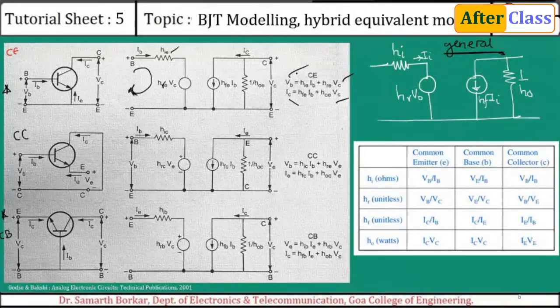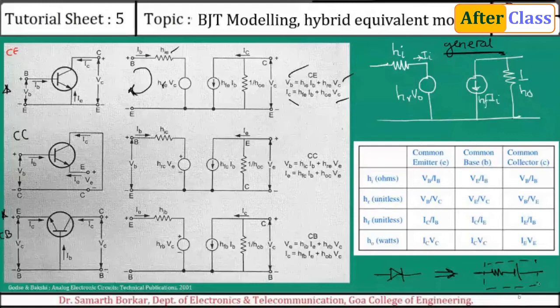What I'm going to get? A voltage drop. So this product is voltage. This is the input resistance of the transistor. Fine. Physically, there is no resistance here. It is just the equivalent circuit. Like for the diode, simplest to understand, this is the symbol of the diode. If I want to draw the equivalent circuit, it will be a resistance and the built-in potential. So this will give me the approximation of the performance of this particular device. Similarly, for the transistor, this structure which is within this circle has to be replaced by this entire network.